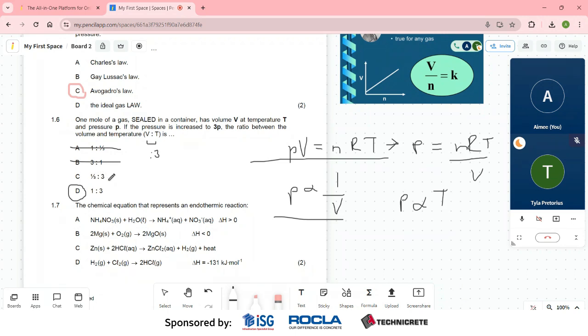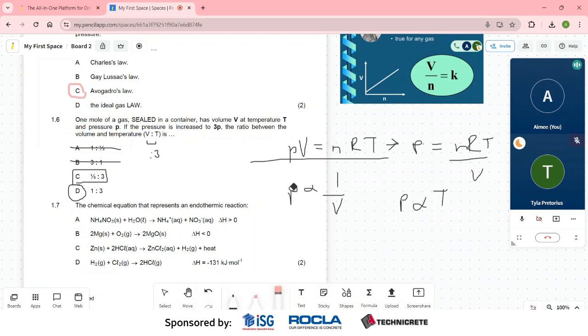So it's very unlikely that they'll expect you to answer a ratio in this format, because ratios we tend to prefer to have whole numbers. Okay, we don't leave them as fractions or proportions of a number. So because you've calculated that now T and P will increase by the same value, and you know that fractions and decimals are not usually conventional when it comes to a ratio, you know that you can choose D as your correct answer. Okay, perfect.